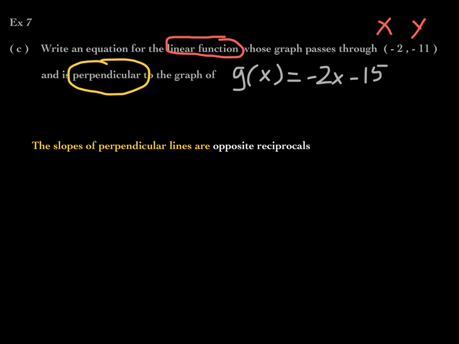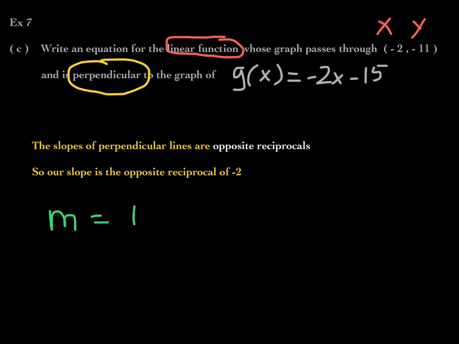So this is what's really important. Our line is perpendicular to this line. This line has slope -2. That means our line has a slope that is the opposite reciprocal of -2. So the opposite reciprocal of -2, that means my slope is positive.